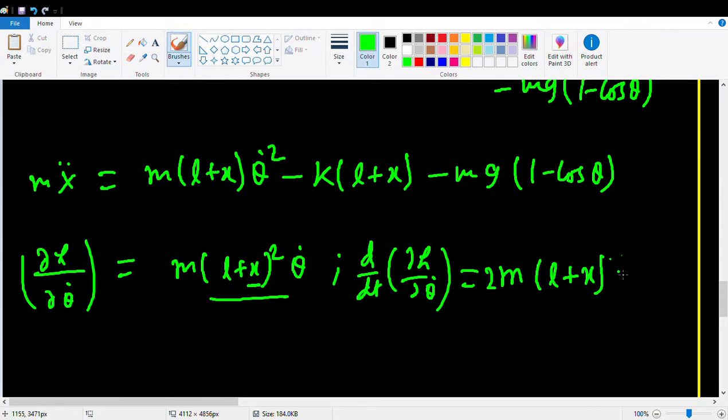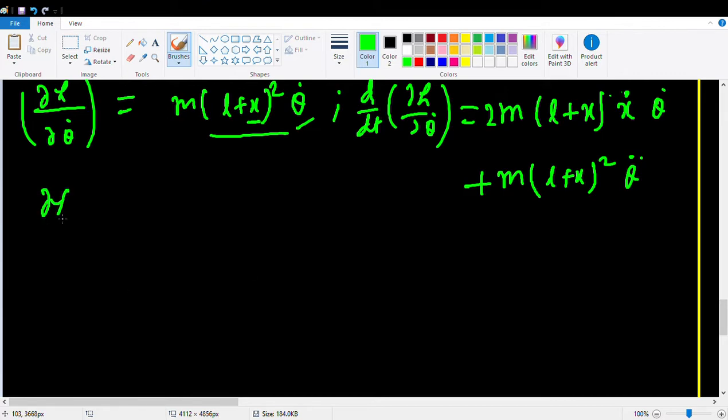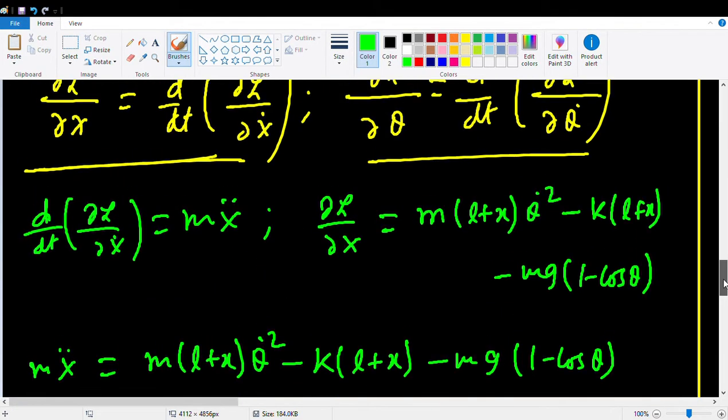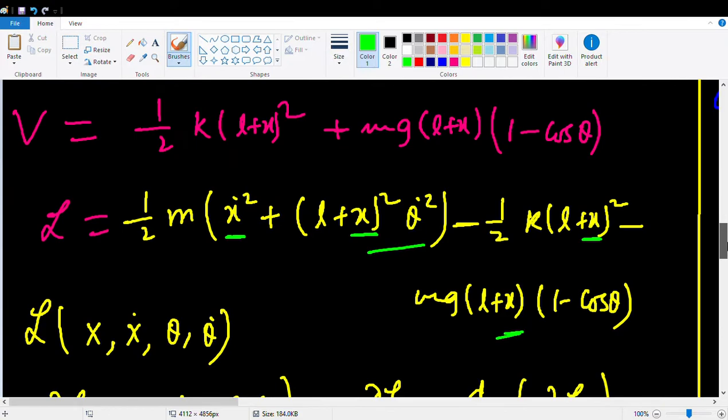Now what happens is the x dot and theta dot plus, again it is going to give me the derivative of this thing. Well, it will give me theta double dot. Now I have to take the derivative of this guy over here, sorry, only theta. Where is the theta?